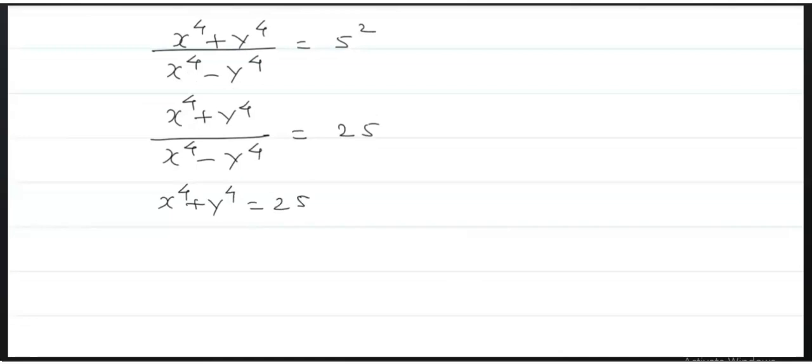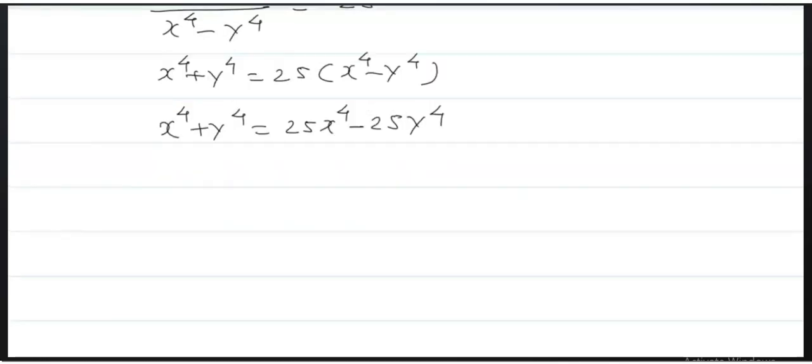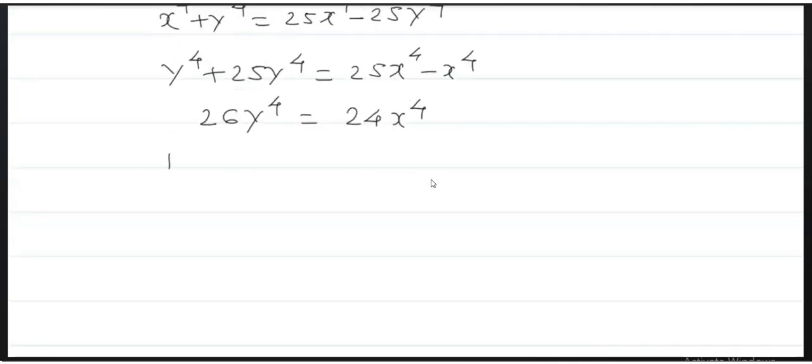Therefore x raised to 4 plus y raised to 4 is equals to 25 into (x raised to 4 minus y raised to 4). Simplify this, collect the terms. That is x raised to 4 plus 25y raised to 4 is equals to 25x raised to 4 minus x raised to 4. 26y raised to 4 is equals to 24x raised to 4.